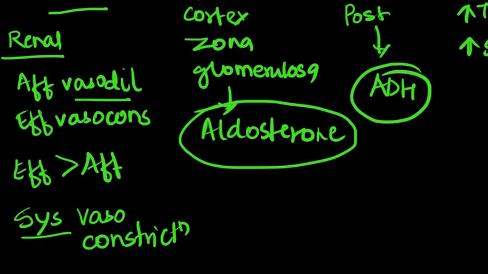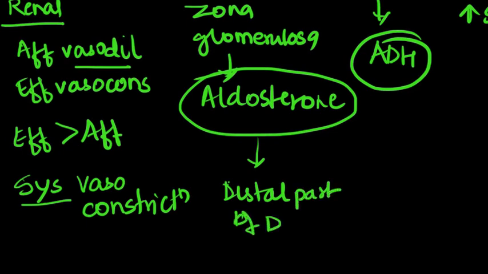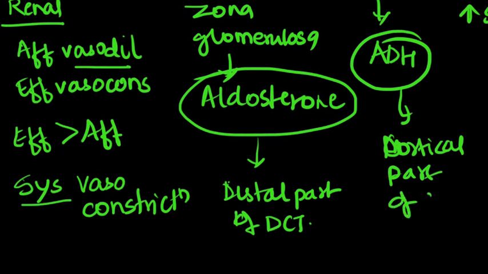Now what do ADH and aldosterone do? Aldosterone will act on the distal part of the distal convoluted tubule, and ADH will act on the cortical part of the collecting tubule.